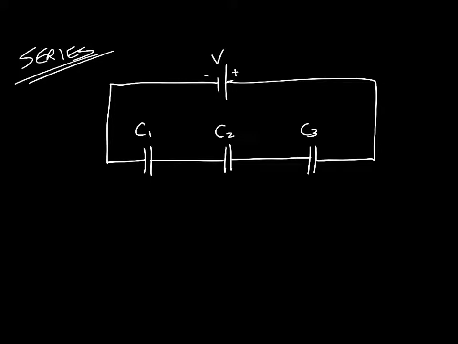Current must be the same everywhere in this circuit, regardless of capacitance. And if the current flow, meaning the number of coulombs per second, or the number of charge carriers passing a point per second, is a constant, then that means that the charge on all of these plates is the same.